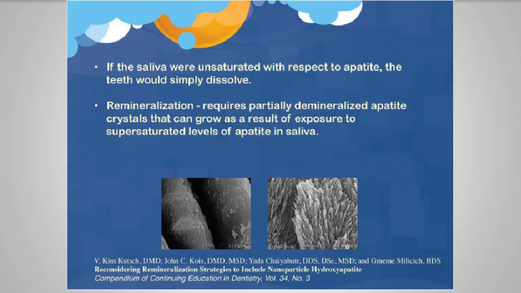And if saliva were unsaturated with respect to apatite, he stated, the teeth would simply dissolve. That's a very key and important aspect to think about. The mineralization and the health of the oral cavity is dependent on a healthy salivary flow. If we don't have that, we have the opportunity for disease to occur.